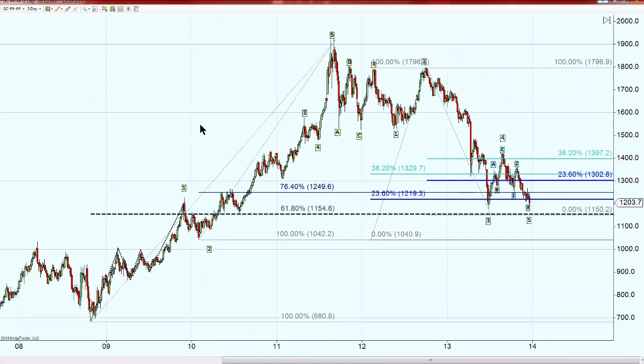The key in terms of differentiation is where we're looking for a potential bottom or termination of our current fifth wave, because once that fifth wave is terminated, we will go into an ABC correction in a bear market count, and in a bear market count, that of course would be an upside rally. What we've really talked about is wave 1, 2, long wave 3, 4, and the question is, where will we see this market terminate?